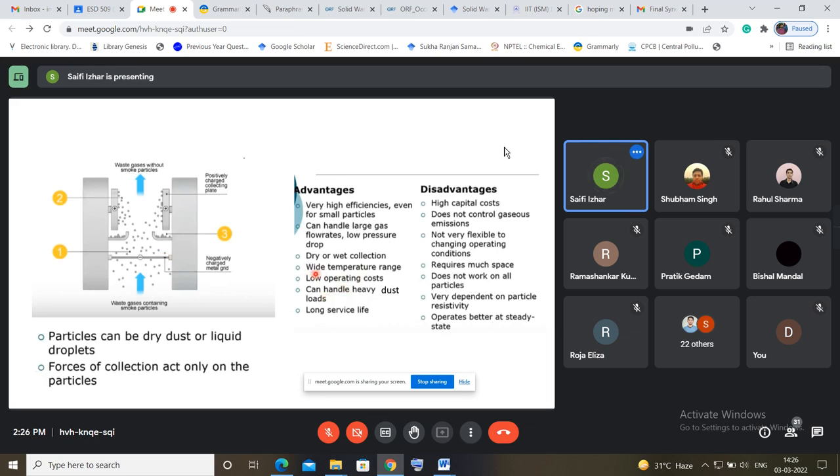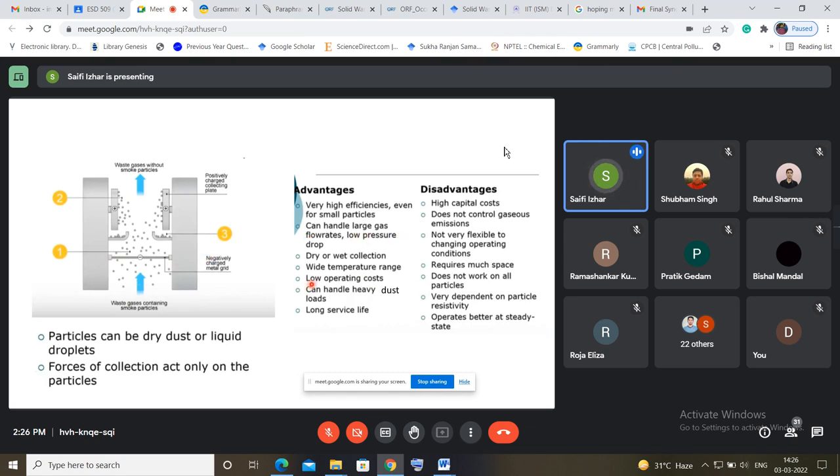So this temperature range matters because at the exhaust or outlet of any industry, the gaseous streams are usually hot. So this electrostatic precipitator can be implemented there, and it involves low operating costs because pressure drop is very limited.